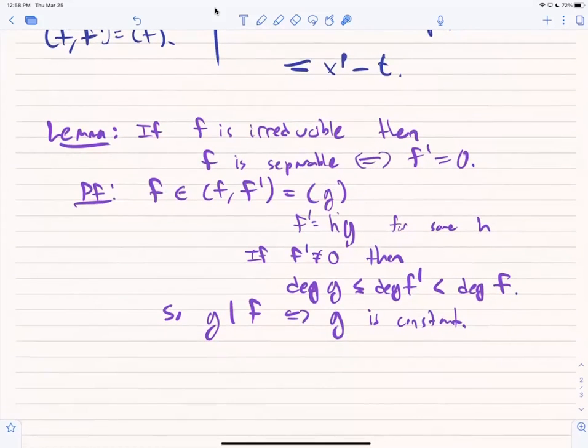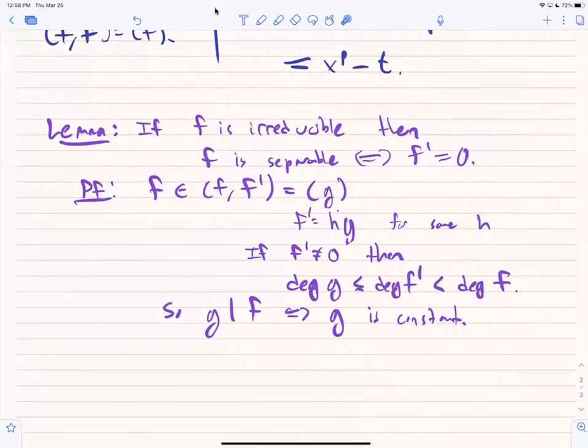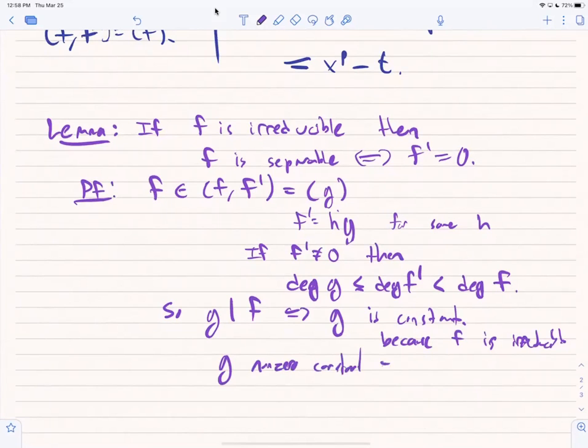But f is irreducible, so the only such divisor is a constant. And so g is a non-zero constant, so this ideal is equal to 1.